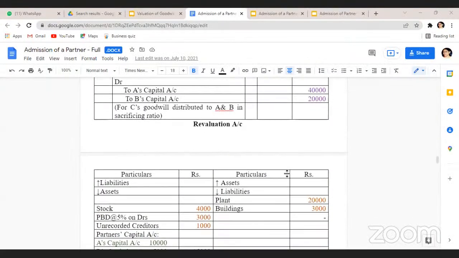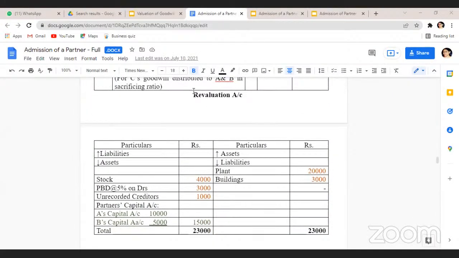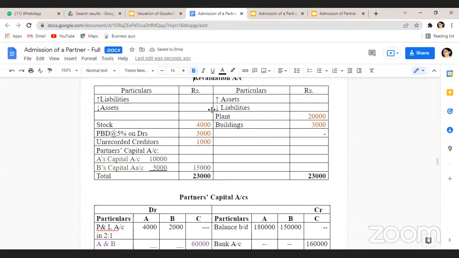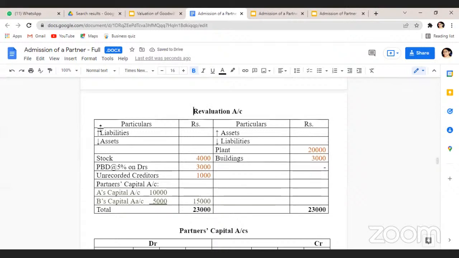Look at here. This is the revaluation account. It's a solved revaluation account, simple to remember. These highlighted figures you remember. This is the format.